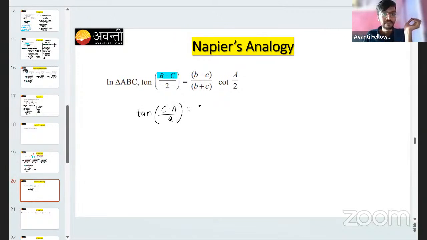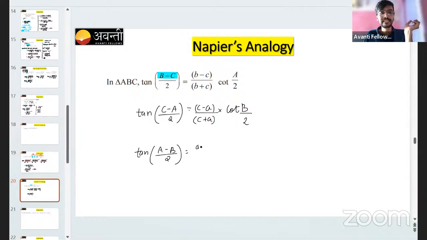If you notice the pattern, it will be C minus A upon C plus A, into cot B by 2. Right? Similarly, the last one, which is tan of A minus B. What is tan of A minus B? A minus B upon A plus B into cot of C by 2. Got it?